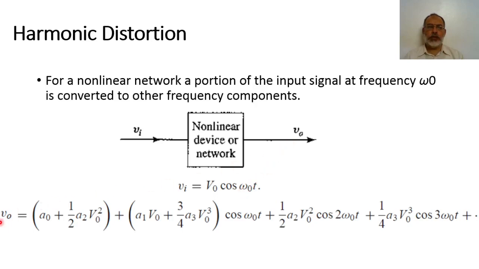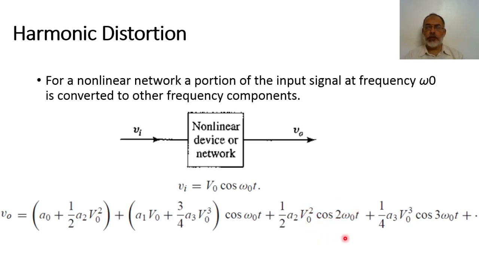So the output signal in this case, as we mentioned in the previous video, would be A0 plus half A2 V0 squared, which is a DC component, plus the linear component, A1 V0 plus 3/4 A3 V0 cubed, which is the linear gain amplification, plus half A2 V0 squared cosine 2 omega naught t.